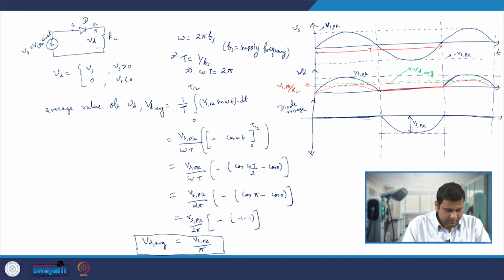So this particular red color thing is the current, which is nothing but your Id, which is going into the load, and here you have Is.